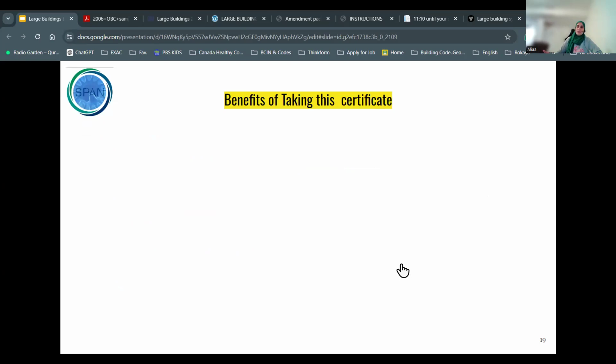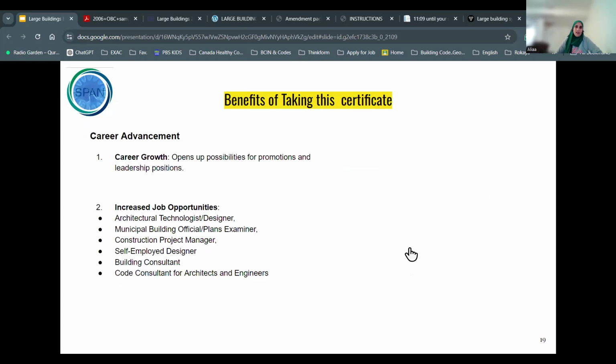Why did I take this certificate? Okay. First, career growth. I can be promoted in my firm. Second one is increased job opportunities. I got my first job here in Canada after knowing the OBC.